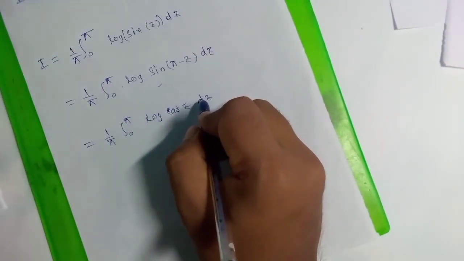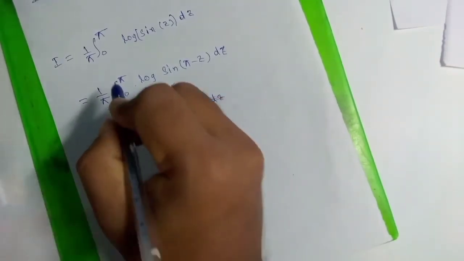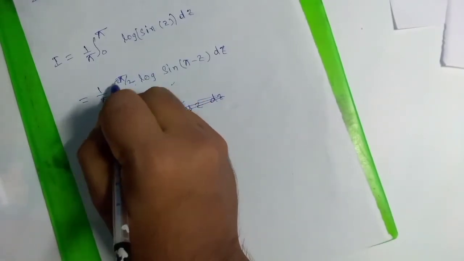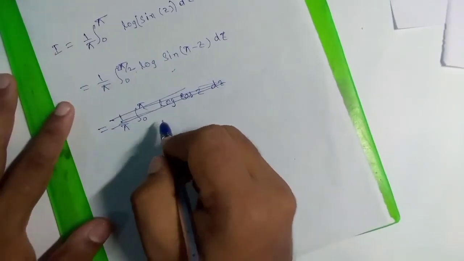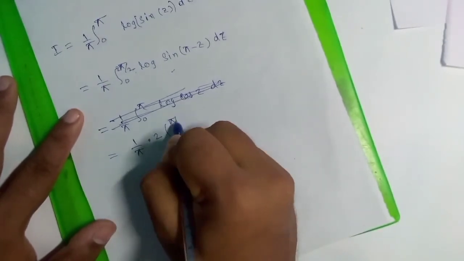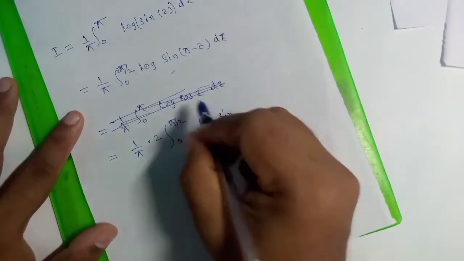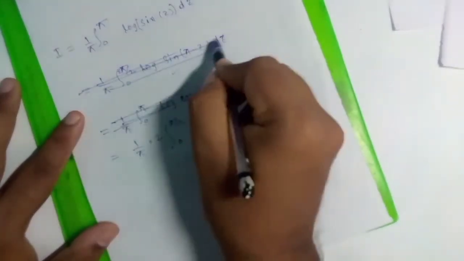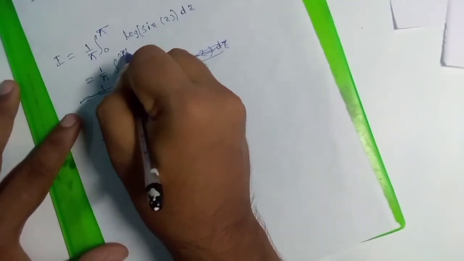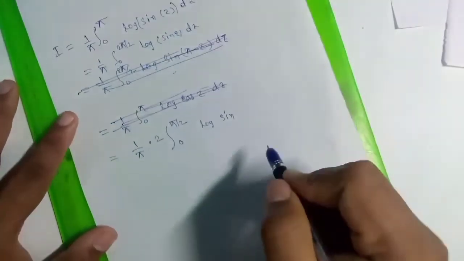Sorry, here if we put pi as 2 times pi by 2, then it comes 1 by pi into 2, integral 0 to pi by 2 log of sin z dz.